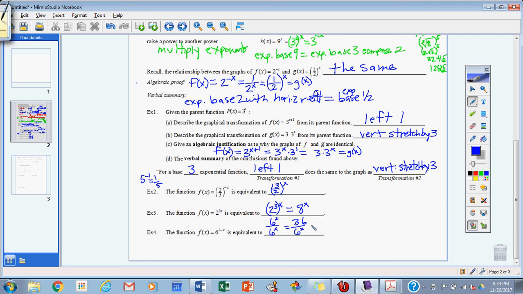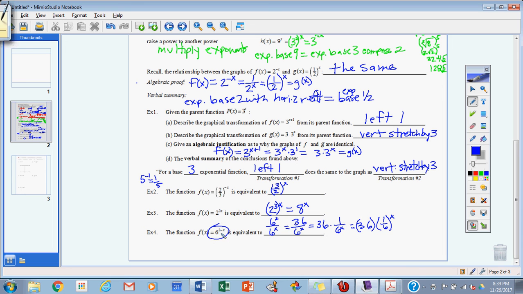That would be equivalent to 36 times 1 over 6 to the x power. Again, there's that rule we were talking about above and where it comes into play here. So in words, this would be a base 1/6 exponential function with a vertical stretch factor of 36. Don't worry, I won't have you graph that one.